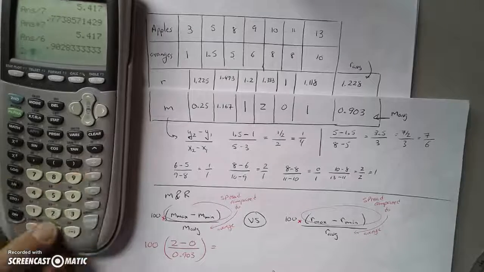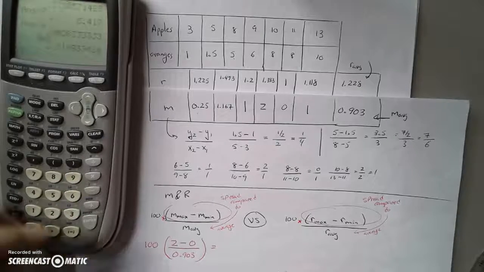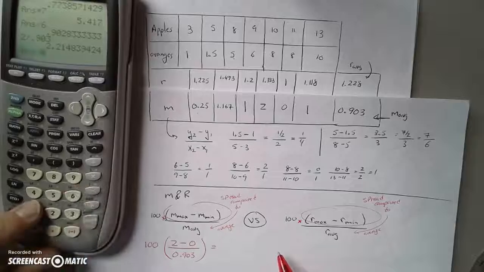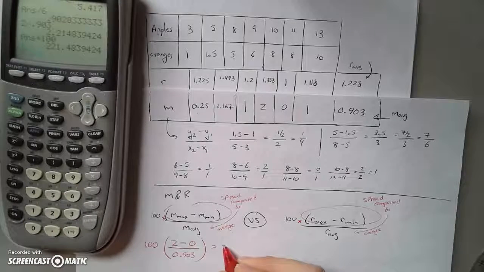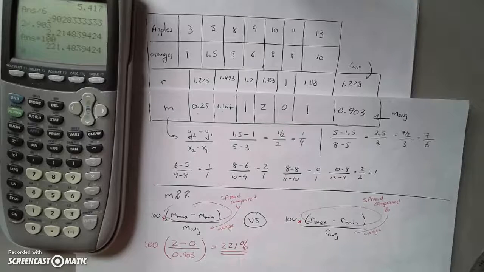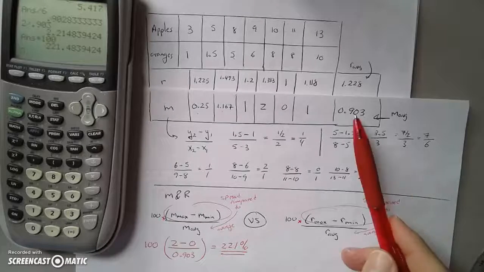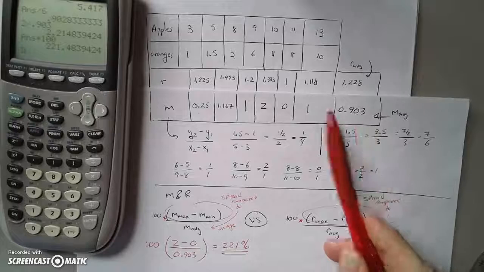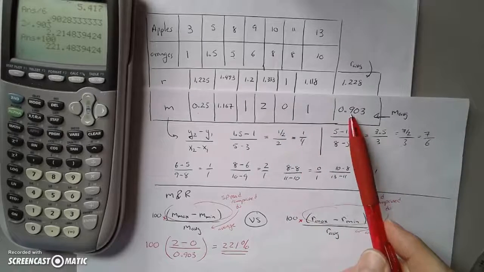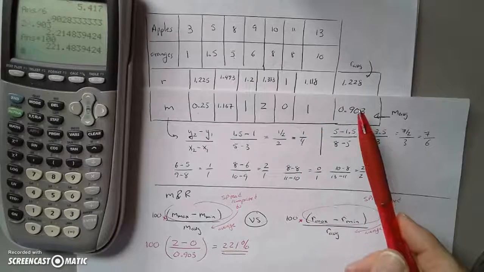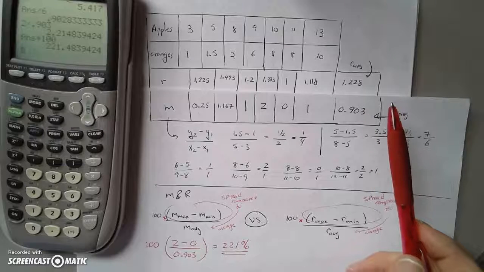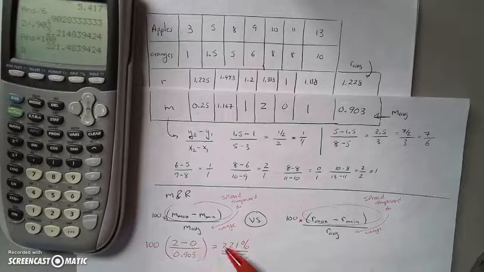That's 221%. That's a lot. Why is that? Well, if your average is about 1 and you have slopes that are 0 and 2, they're 100% to either side, 100% less or 100% more. So that would give you a 200% spread.